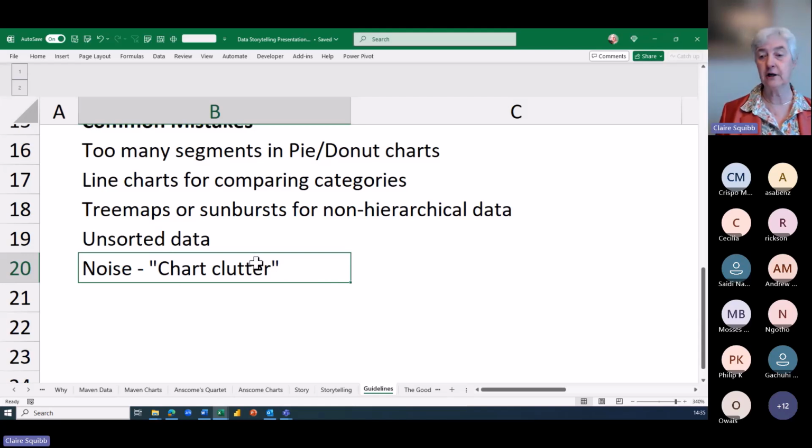If you've got a chart title that says sales by month, you don't need to label the x-axis month and the y-axis sales. So get rid of the axis titles. If you've got data labels, then you don't need the y-axis telling you how big the numbers are.